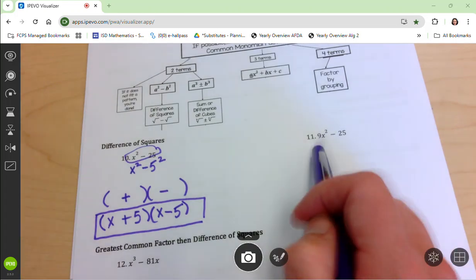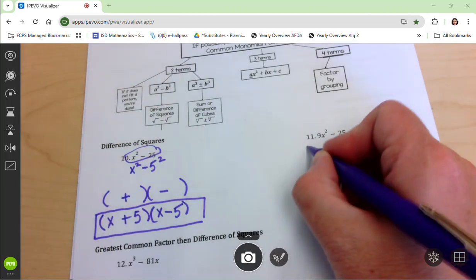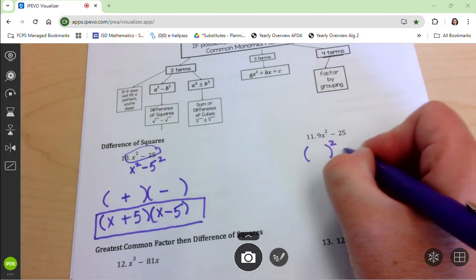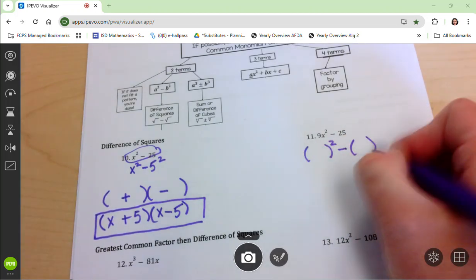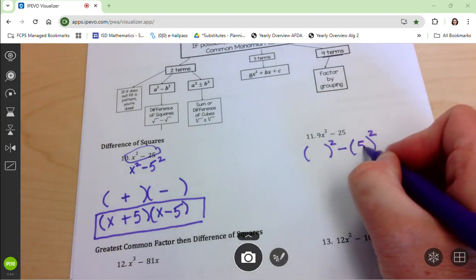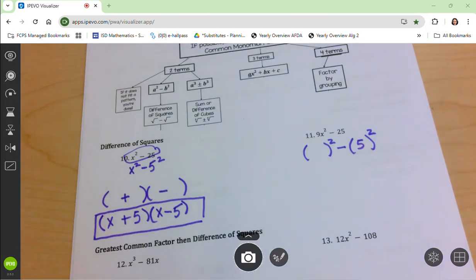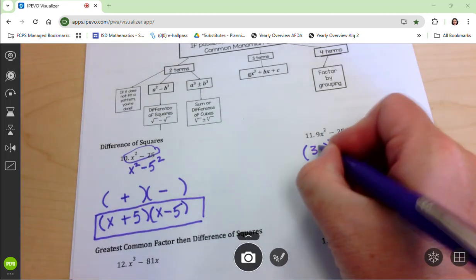I'm going to do the first step for the next one, and then I'm going to have you guys write the answer. We need to write this as 2 different things squared. I already know that 25 is 5 squared. 9x squared is what squared? Okay, I heard 2 different answers, 3 and then also x, right? 3x.